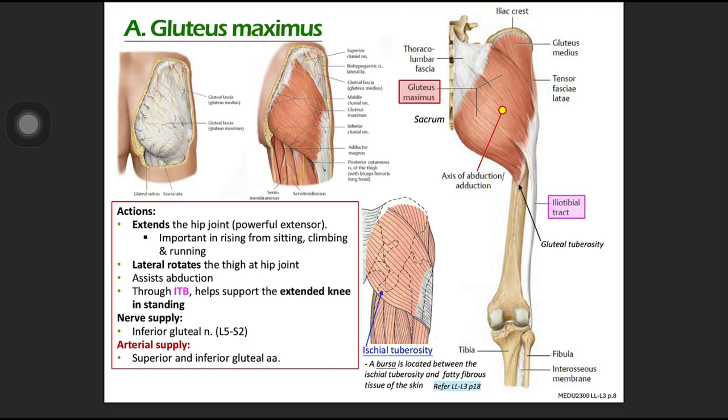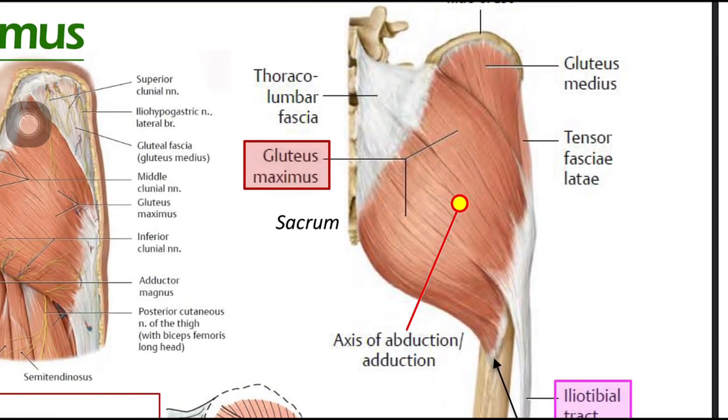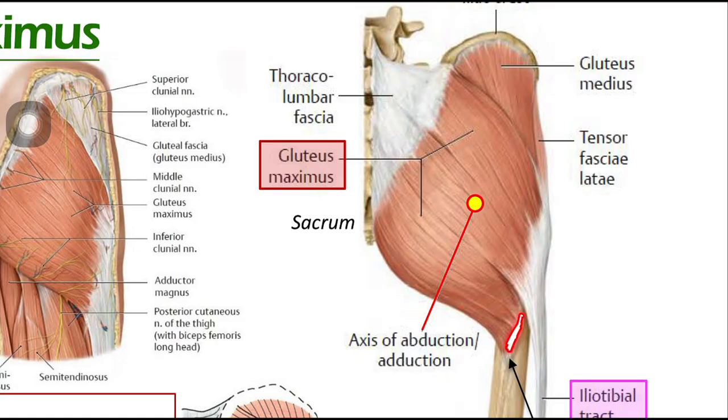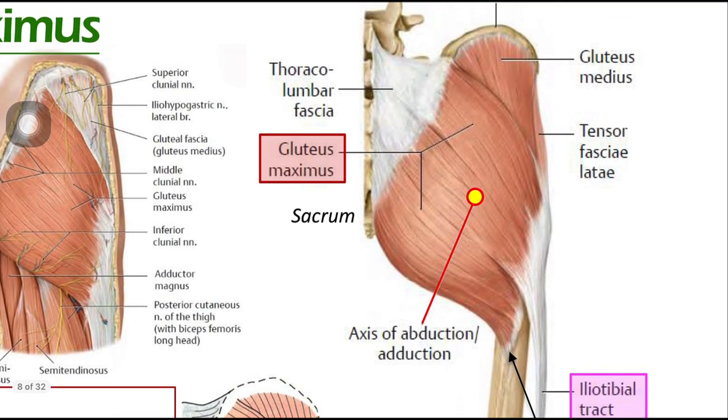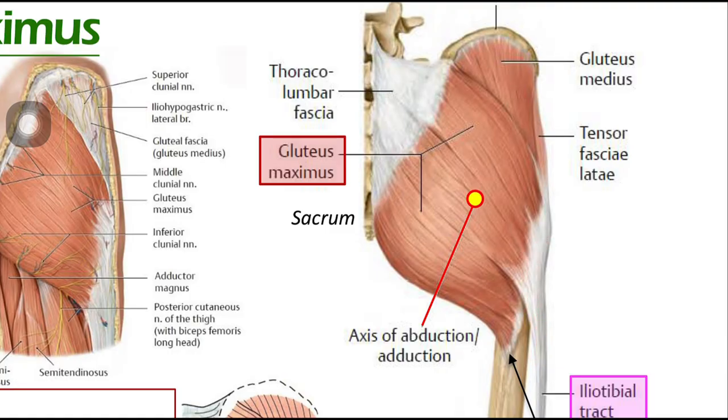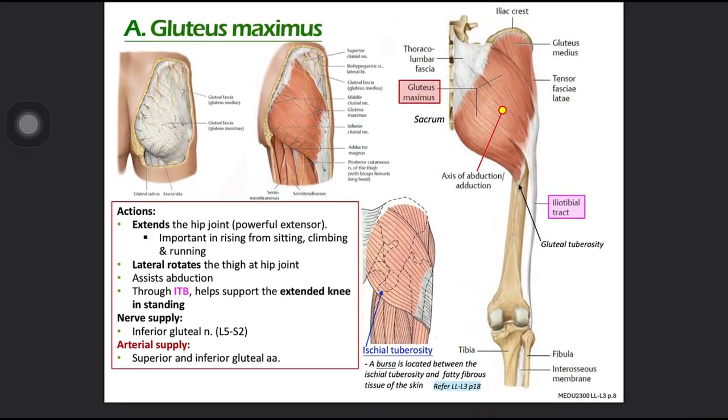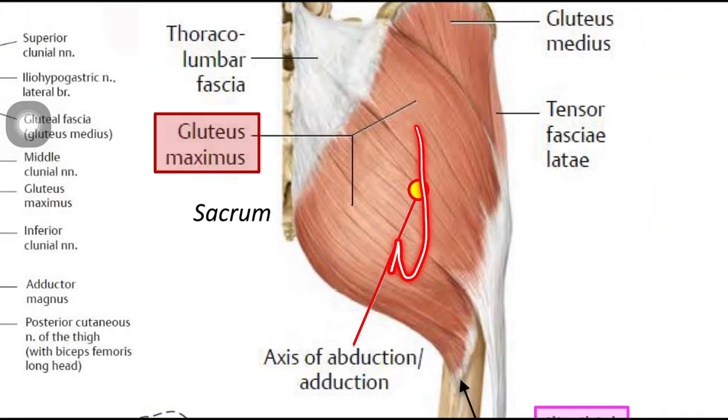It also helps to laterally rotate the thigh and the hip. Think of this: this is the attachment site, both to the gluteal tuberosity as well as to the iliotibial tract. So think about it. If it contracts, apart from bending a bit to the back, which is extension, these muscles can help to laterally rotate the hip, or the thigh at the hip joint.